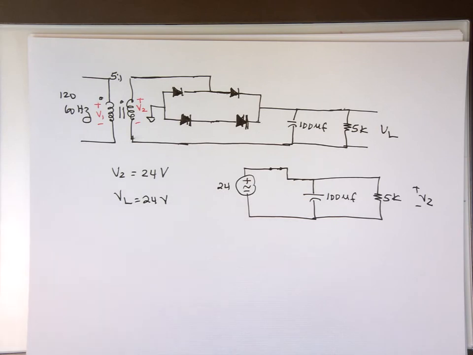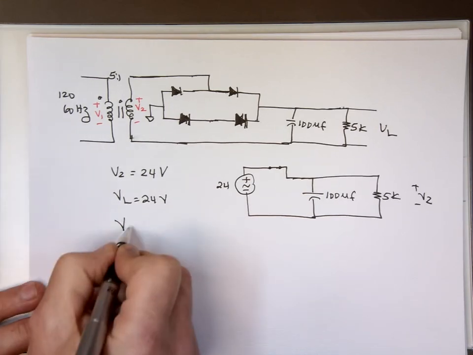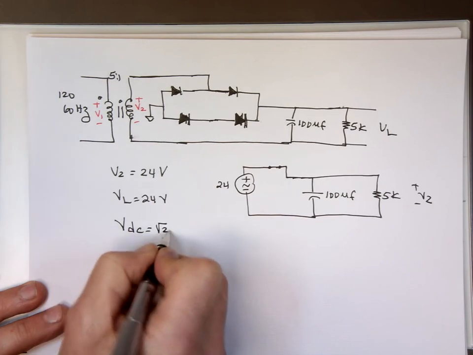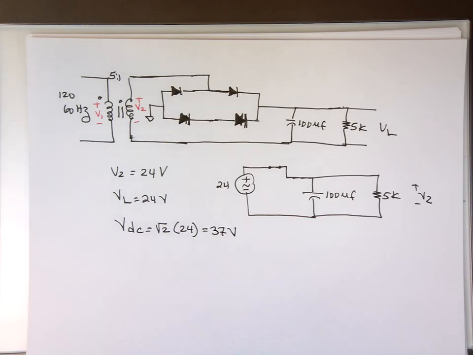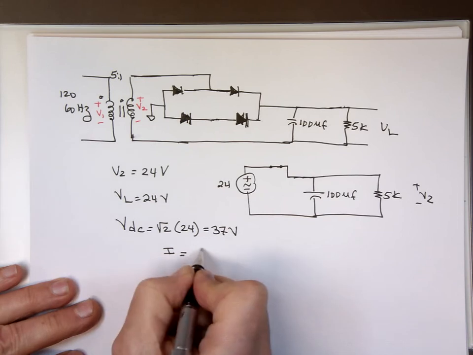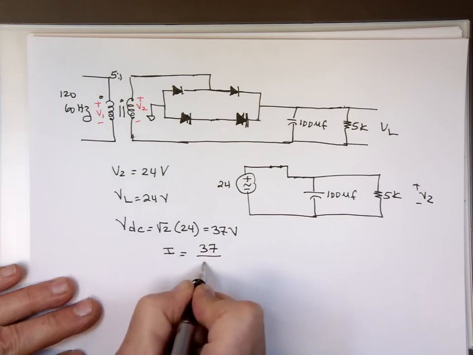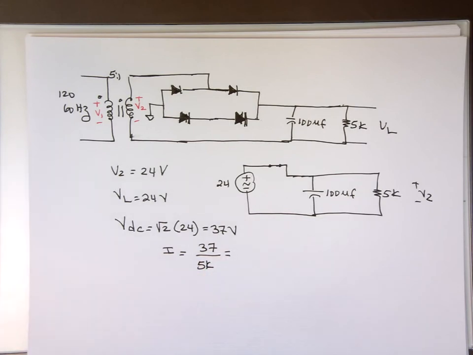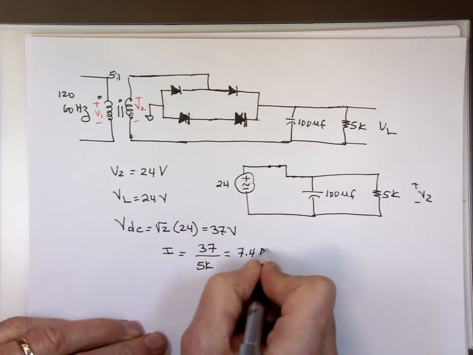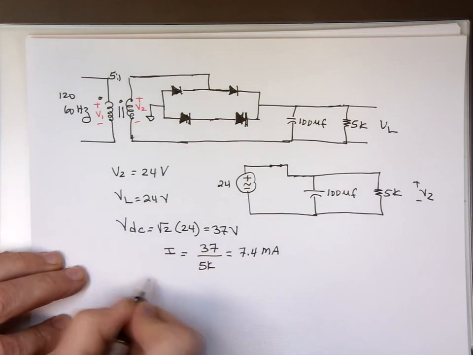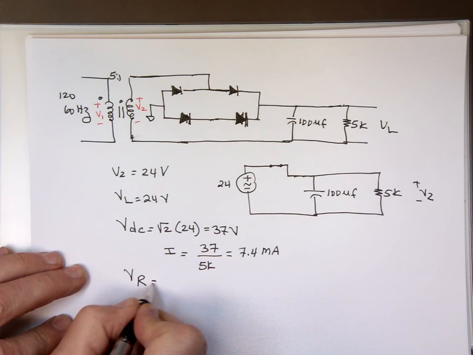So the DC value is going to be the square root of 2 times 24, and roughly that's 37. Which means my current I is going to be 37, Ohm's law, divided by 5K. 37 divided by 5,000. 7.4 milliamp. And now my VR, ripple voltage there, I over FC.